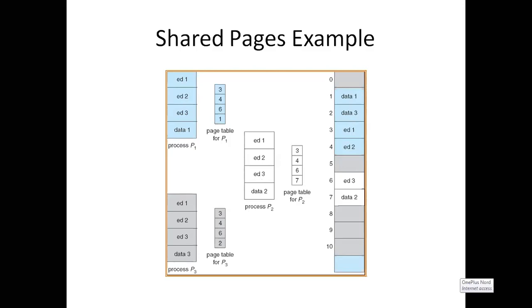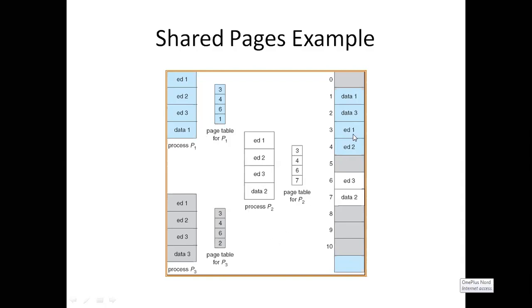So what can we do? We can keep these three pages in the main memory only once. ED1 is available in frame 3, ED2 is available in frame 4, ED3 is available in frame 6. All the three processes are using the same frames.